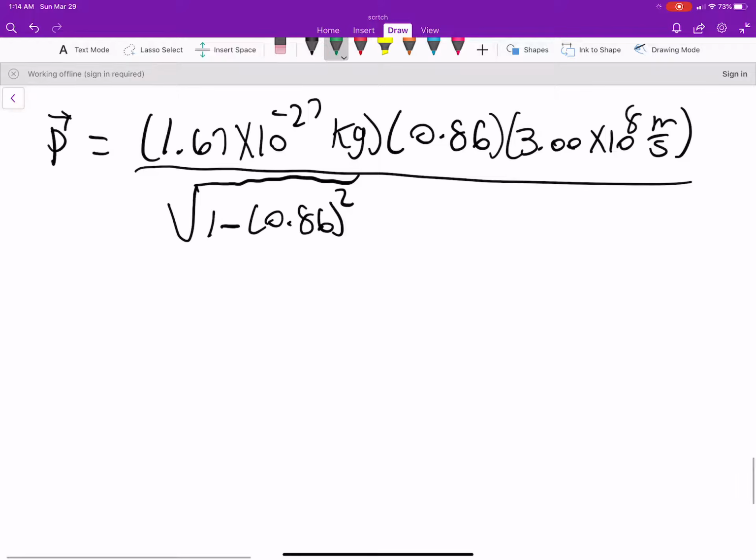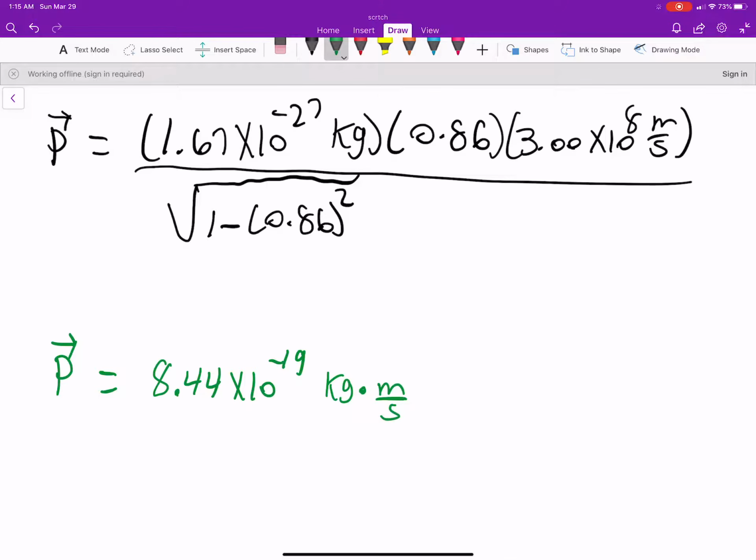If you plug all this in, you'll get momentum equal to 8.44 times 10 to the negative 19, a really small number, kilograms times meters per second.